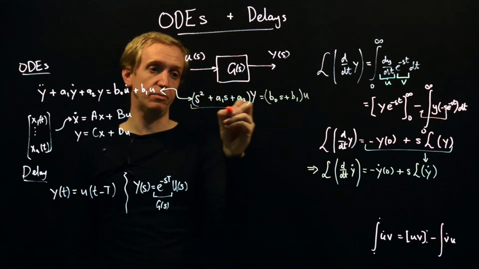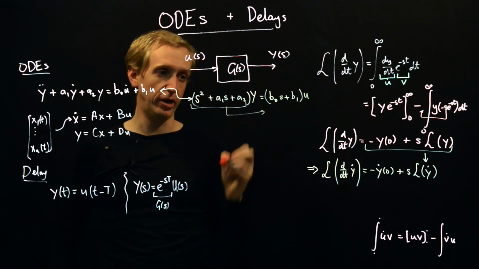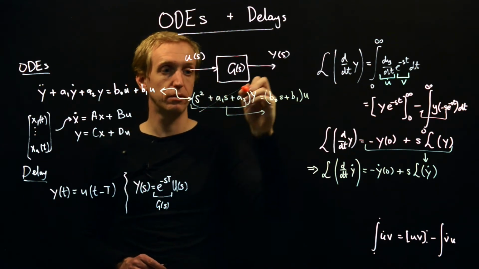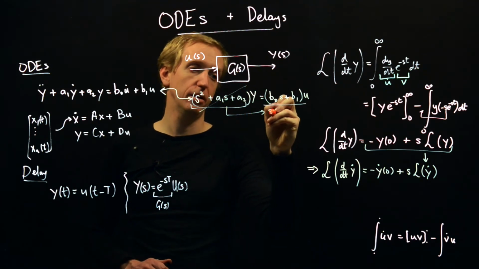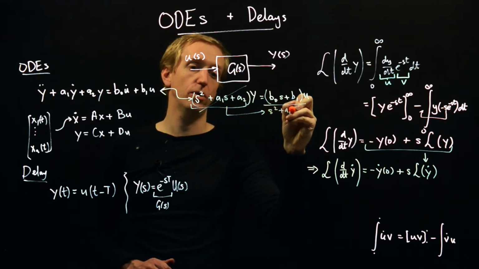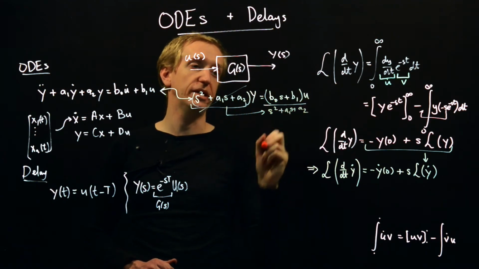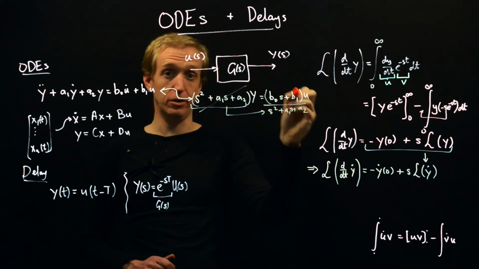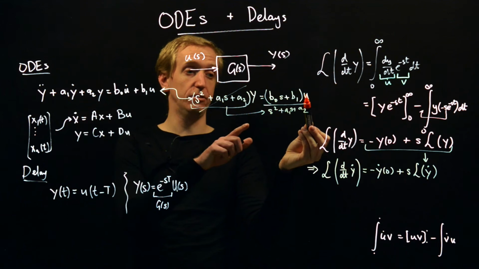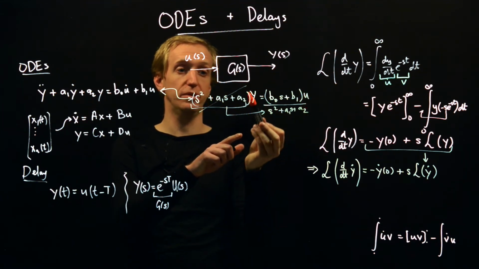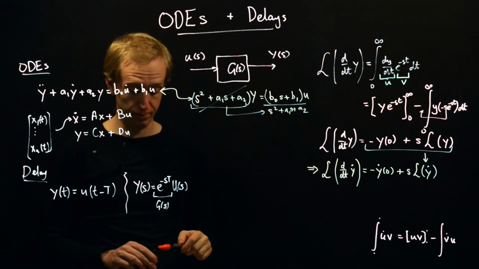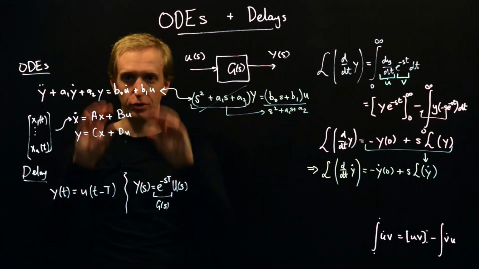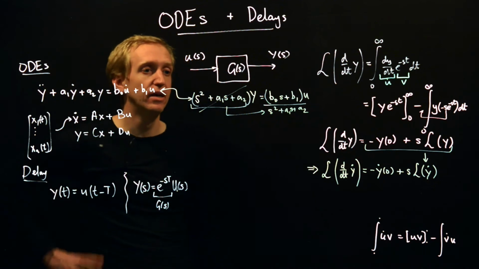We just have to take this bit here and divide it through, so we remove that and put this here, and we have s squared plus a1 s plus a2. And so this is our transfer function, and it shows us how to map the input u to the output y. And we can see that we could do that no matter what ODE we were given.